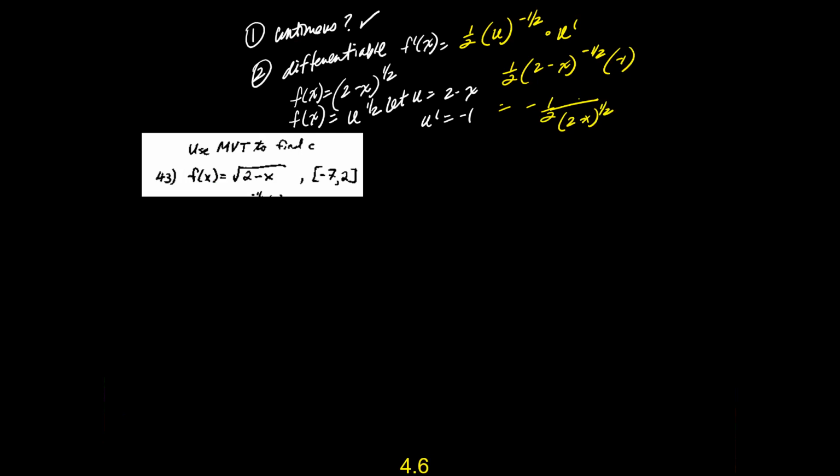So that is your f prime of x, okay? So it is differentiable. Then what you're going to do on the third step is, remember, you would have to go ahead and find the average rate of change, okay? Remember, this right here is f prime of x, and f prime of x is the instantaneous rate of change.